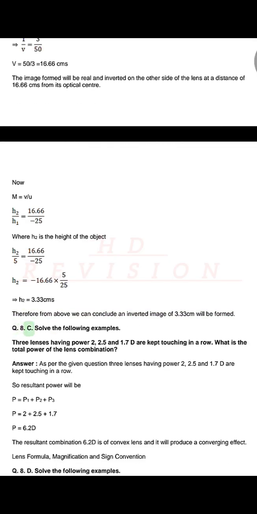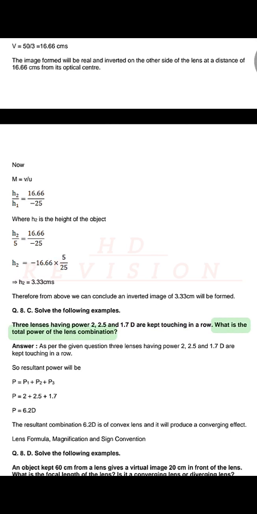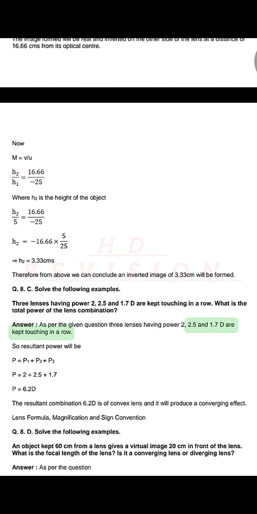Q. C. Solve the following examples. Three lenses having power 2, 2.5 and 1.7 D are kept touching in a row. What is the total power of the lens combination? Answer. As per the given question, three lenses having power 2, 2.5 and 1.7 D are kept touching in a row.